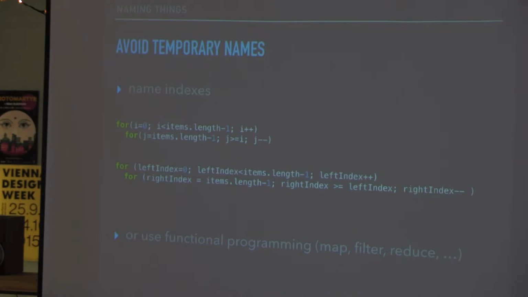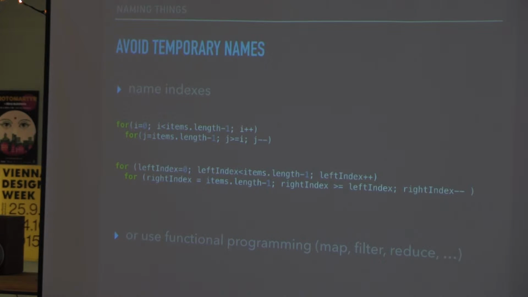You don't really have a clear idea what they're doing, and it's easy to mix them up. But if you name them something like left index and right index, you can see that the left index goes from the start of the array to the end, and the right index goes from the end of the array to the left index. So you have a mental picture of what's going on.